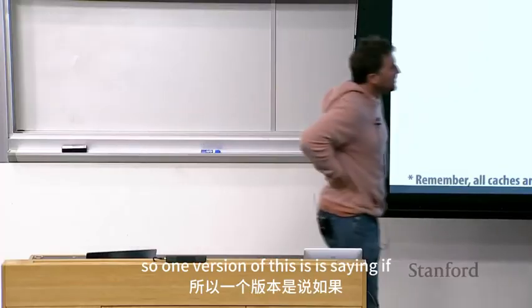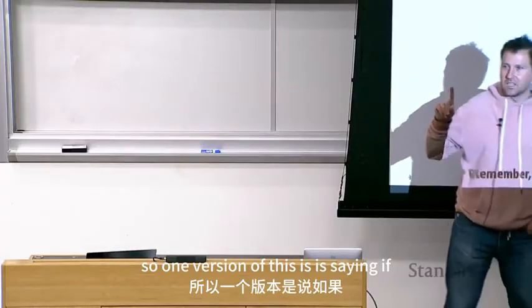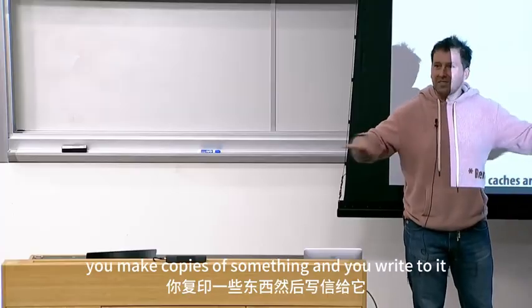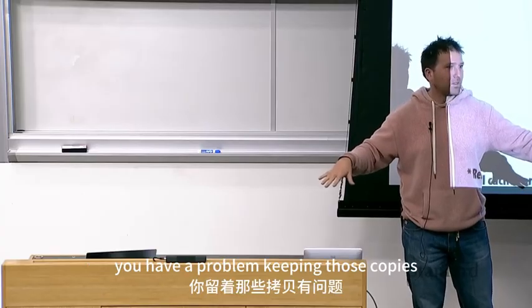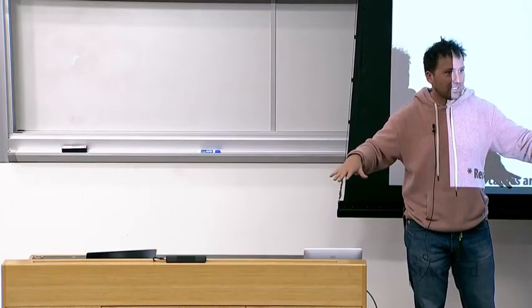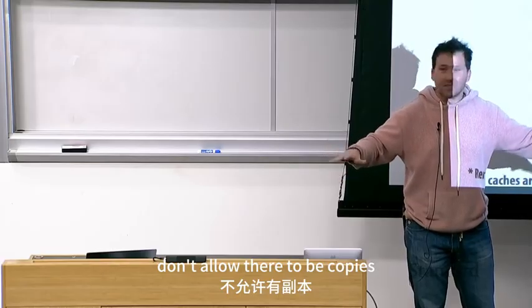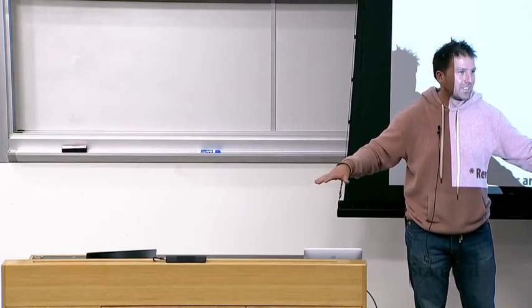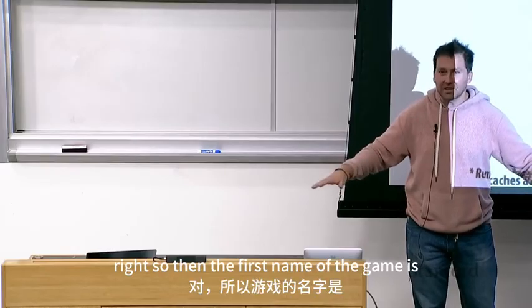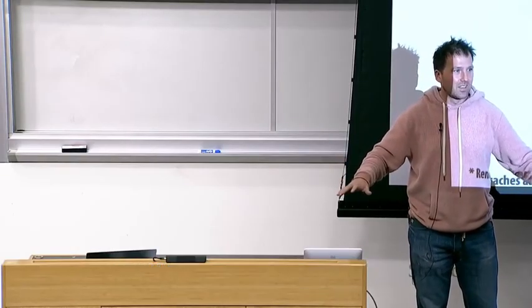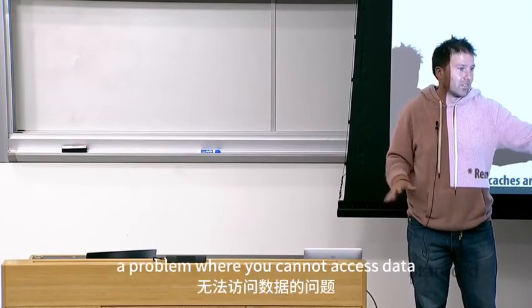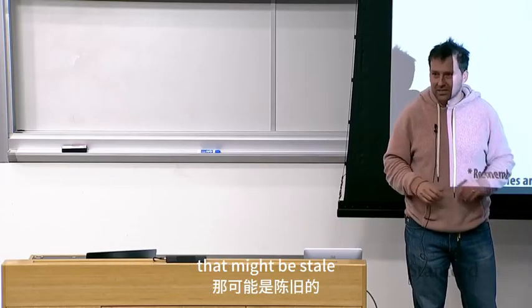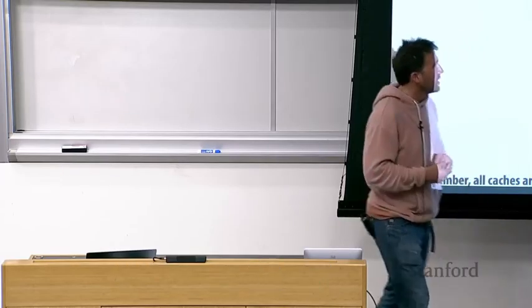Okay, so one version of this is saying, if you make copies of something and you write to it, you have a problem keeping those copies in sync. Don't allow there to be copies if you're writing to something. So the first name of the game is the minute you write to something, all other copies are going to have to disappear so that there's not a problem where you access data that might be stale.